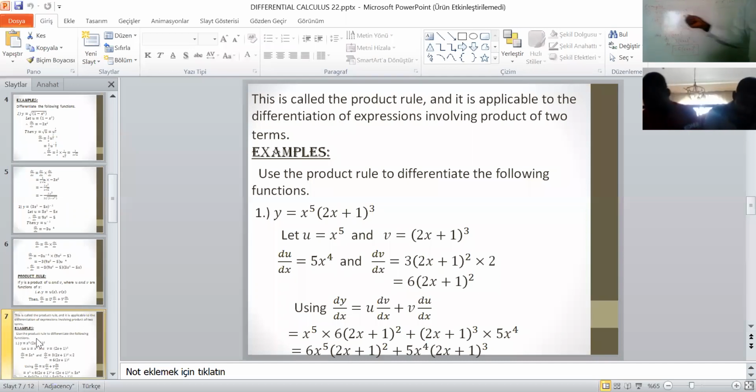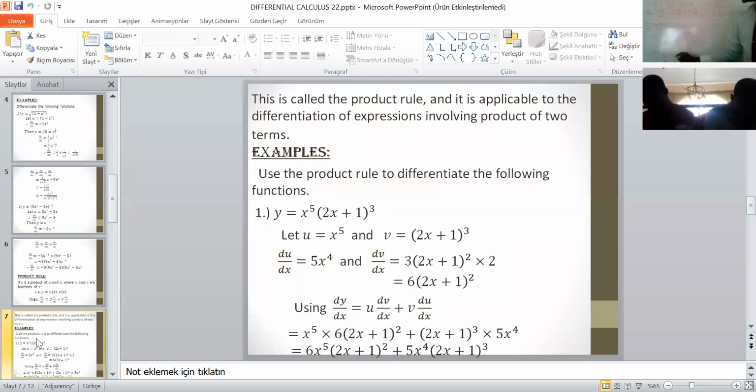Let u equal x raised to the power 5, which means u is a function of x. You can differentiate u with respect to x, and you have du/dx equals 5x raised to the power 4. Then definitely this second term becomes v. Our v now is 2x plus 1 all raised to the power 3.